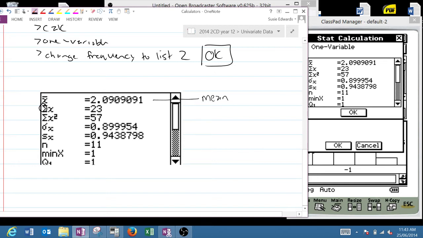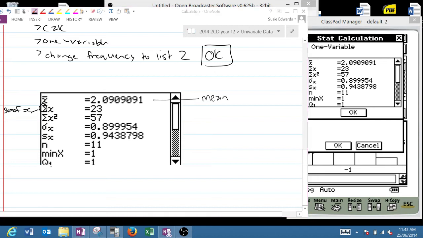It means the sum, it's a summation. So what do you reckon the summation of X means? Sum of x means what all the scores added together equals. Okay, we don't often get asked that question though. The sum of x squared, so each of the numbers squared, the sum of them. We don't really use that one very often either.